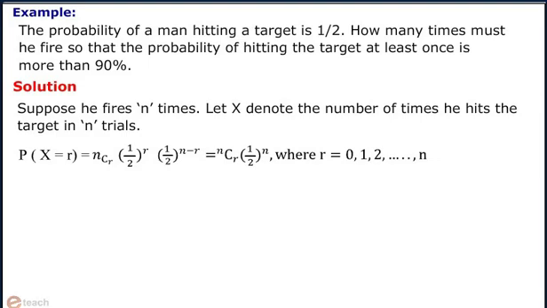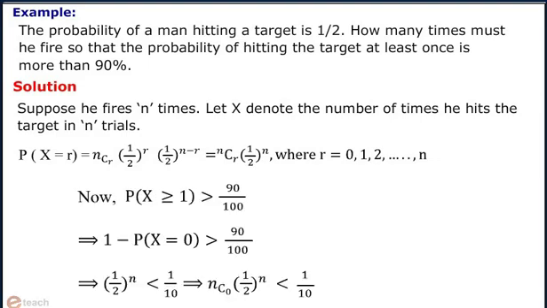Now, the probability of X greater than or equal to 1 is greater than 90 by 100. That implies 1 minus the probability of X equal to 0 is greater than 90 by 100. That is, half to the power n is less than 1 by 10.